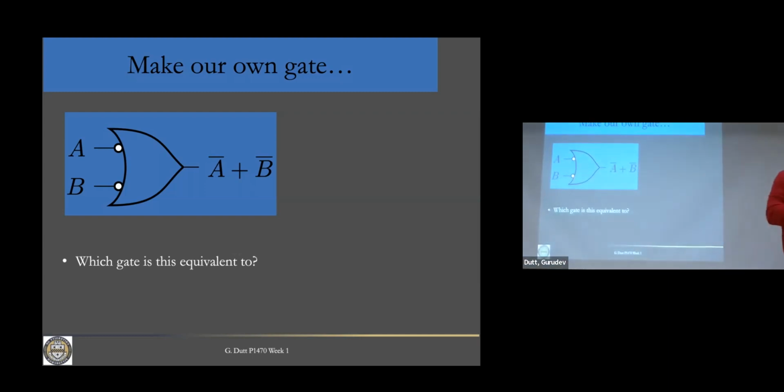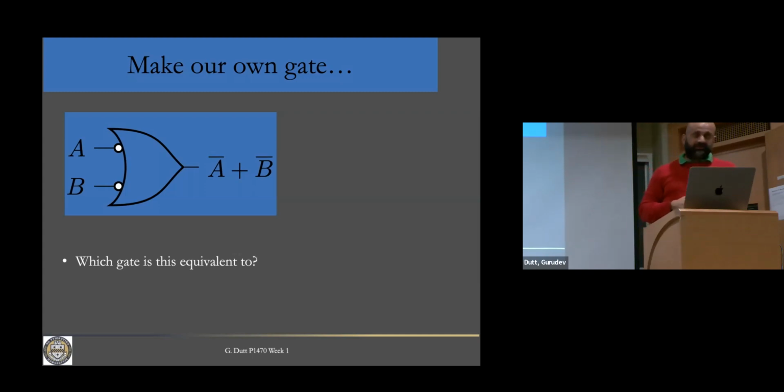So why don't we work out now what the truth table for this gate should be, and you tell me what the truth table should be. I'll give you a couple minutes. Yes, you actually have to write something down.